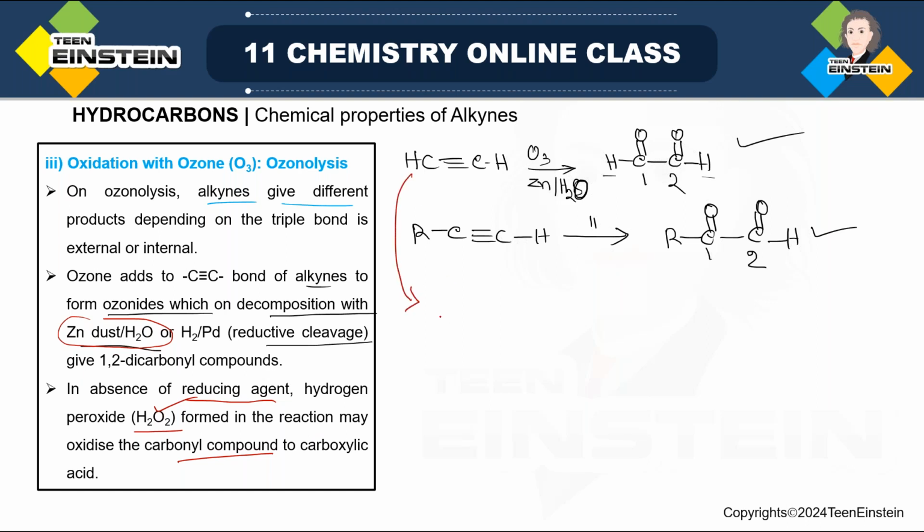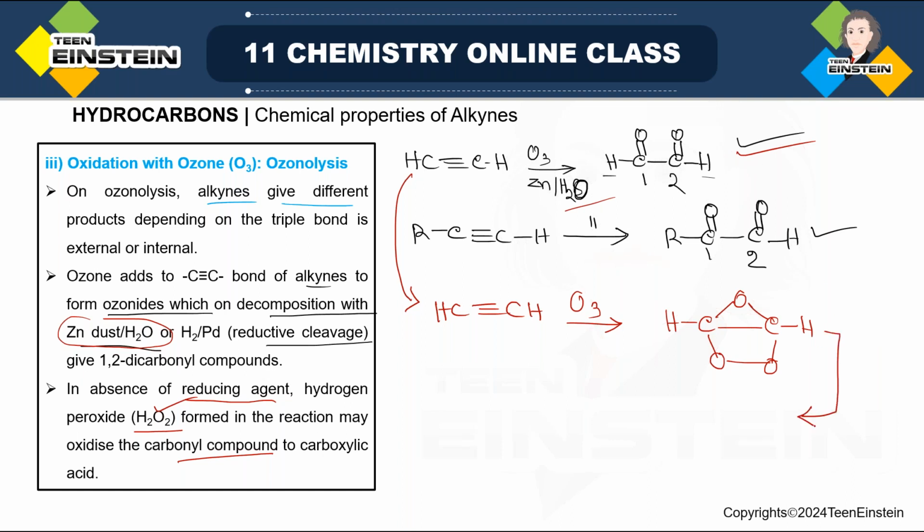So the same reaction if I write again, but this time I am not writing the reducing agent. Try to understand the difference. So this is the first generated ozonide. You can also write it in this case because the same ozonide is formed. But when you treat this ozonide with Zn and H2O or any other reducing agent, you get the 1,2-diketo compound.